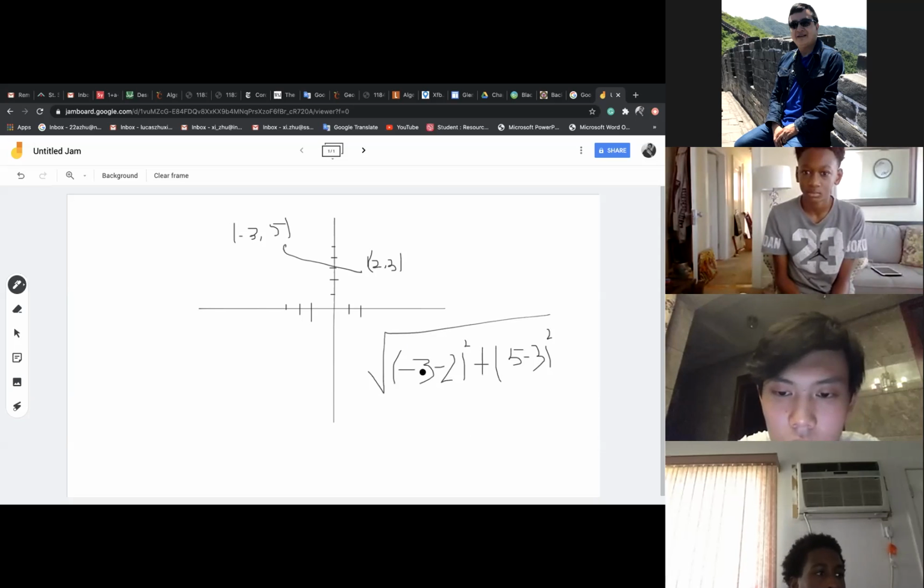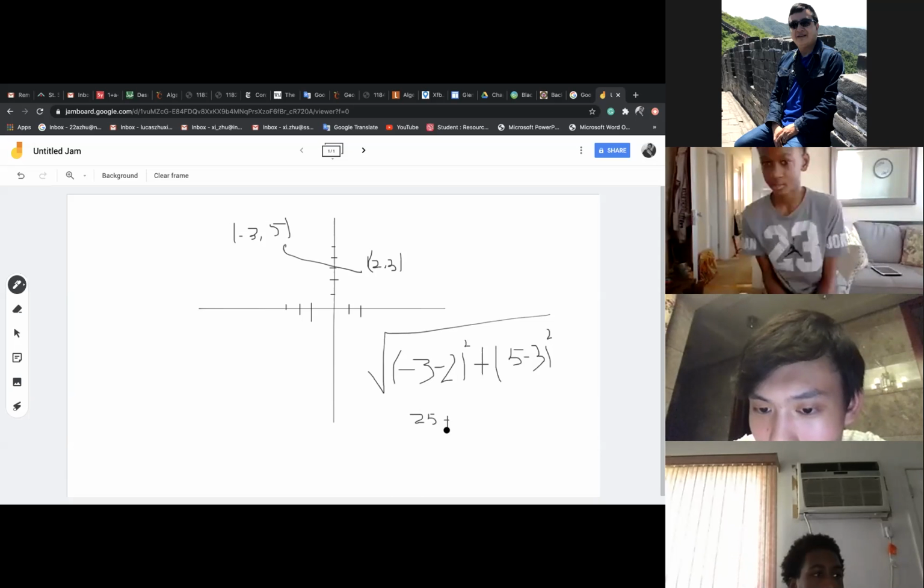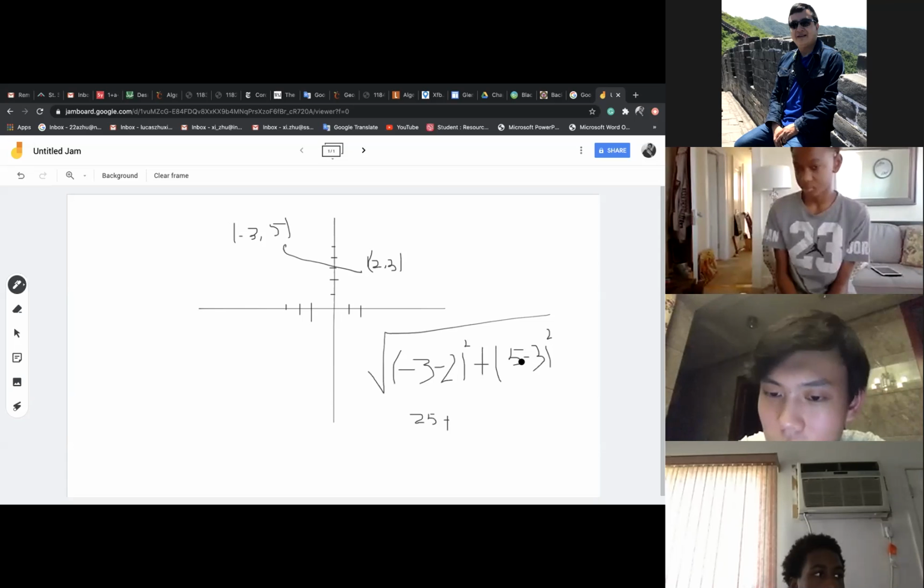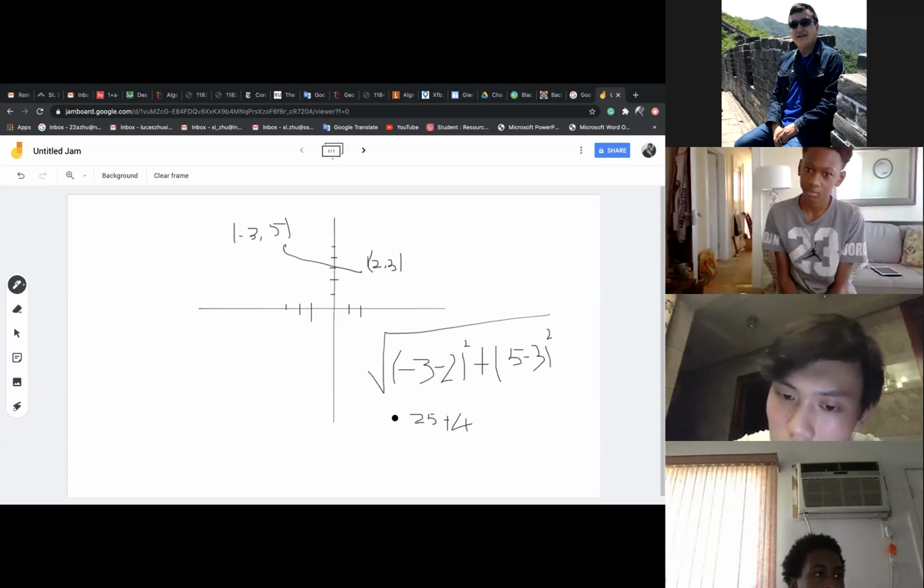And so here you get -5 squared, which is 25. And you get 5 minus 3, which is 2. And 2 squared is 4, right? And the entire thing is the square root of 29, right?